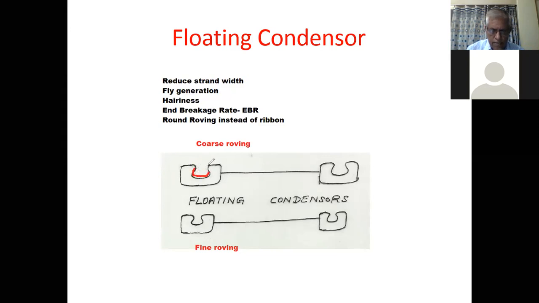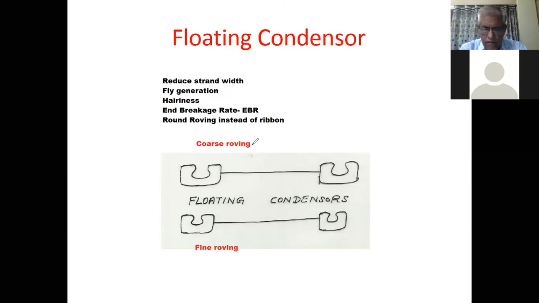So this is made in such a way so that the roving is condensed and made round. For finer roving, this kind of condenser is used. And for coarser, the larger space is required. That's why we are using different condensers.